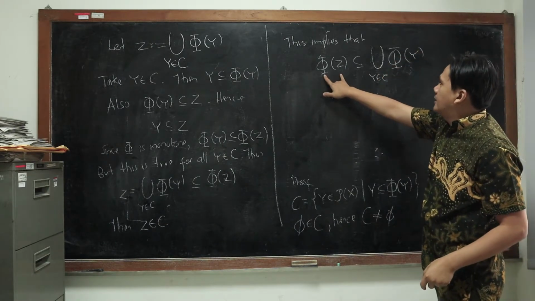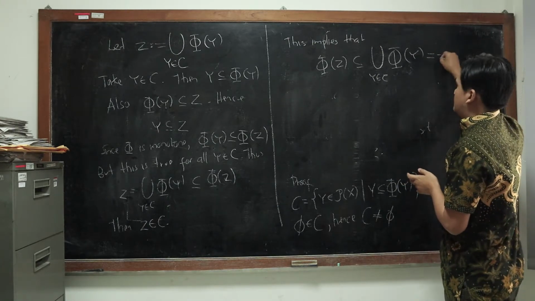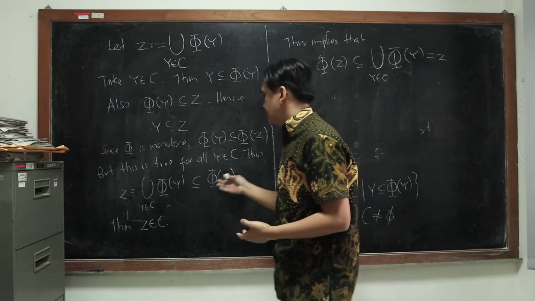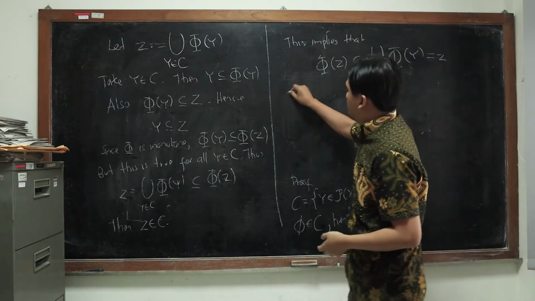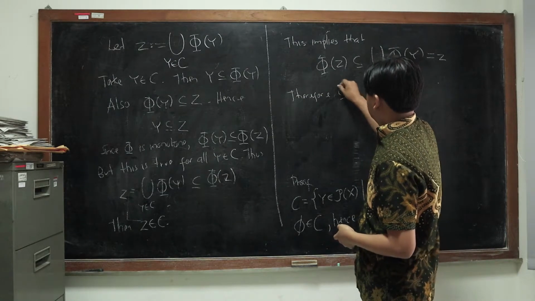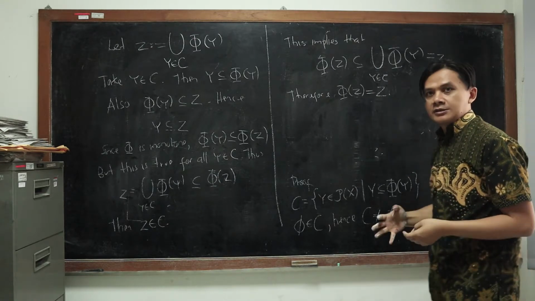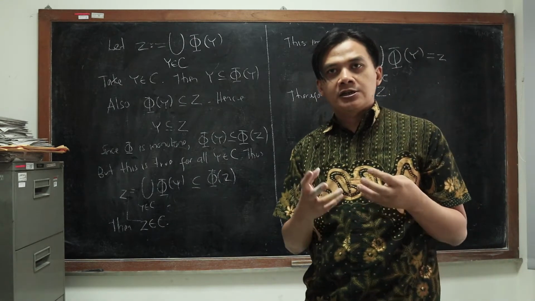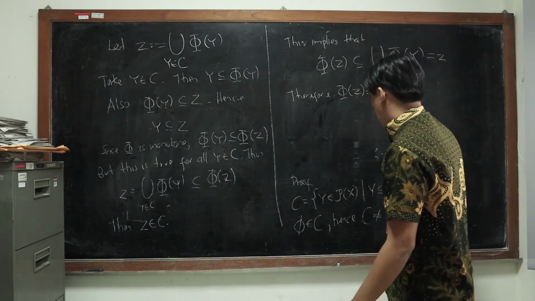So clearly phi of Z is contained in Z. So Z is contained in phi of Z, and phi of Z is contained in Z. Therefore, phi of Z is exactly equal to Z. So we just proved the Knaster-Tarski lemma.